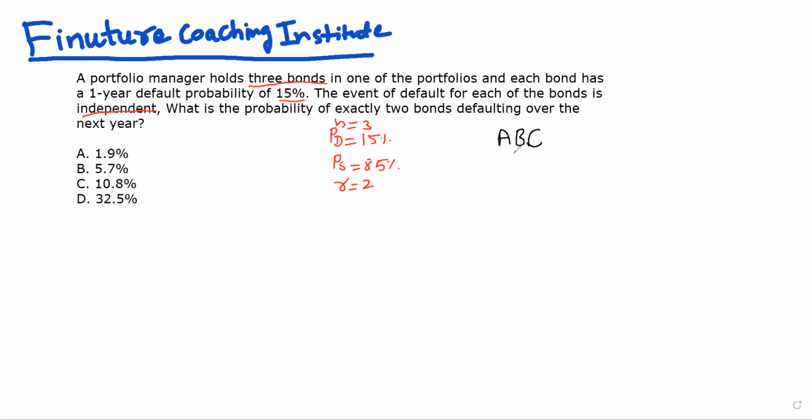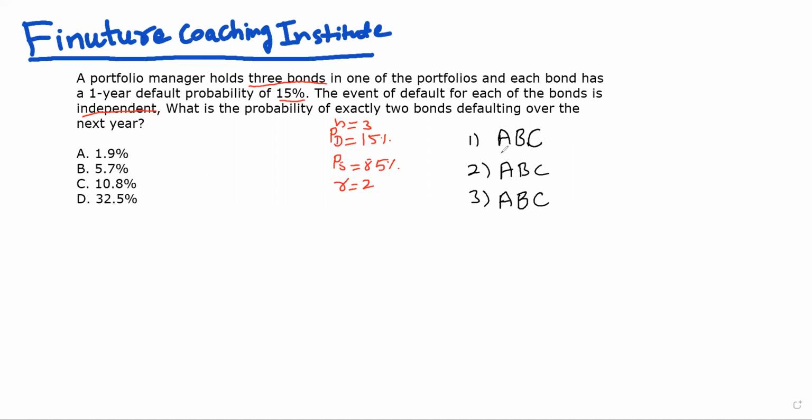We'll see exactly how the situation looks. There are basically 3 ways in which your 2 bonds can default.